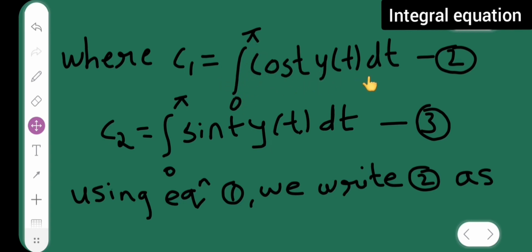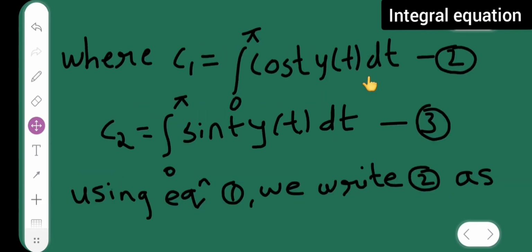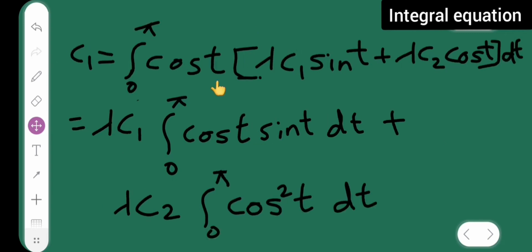Now what is my y? I have to use this part as my y of t. So write it down in the bracket, lambda c1 sine of t plus lambda c2 cos of t dt, okay. Then you have to multiply this with this term, and then this with this term.